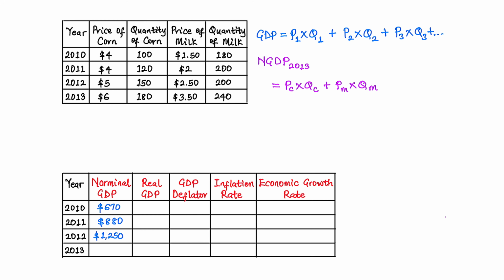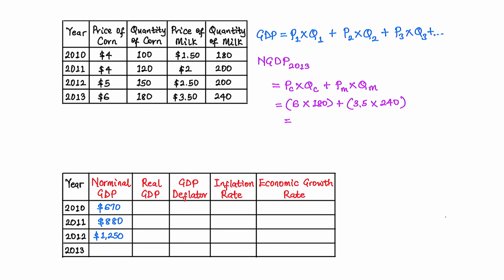Next, the nominal GDP for 2013. Following the same approach we've been using, the price of corn in 2013 is $6 multiplied by the amount of units, which is 180 units, plus the price of milk in 2013 is $3.5 times the quantity of milk, that's 240 units.